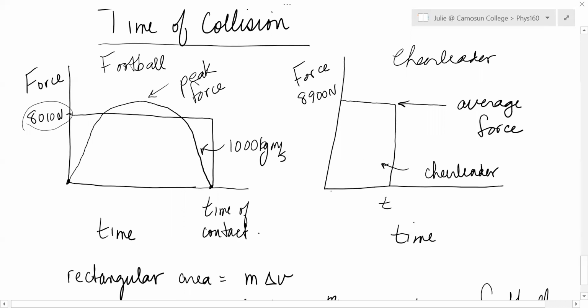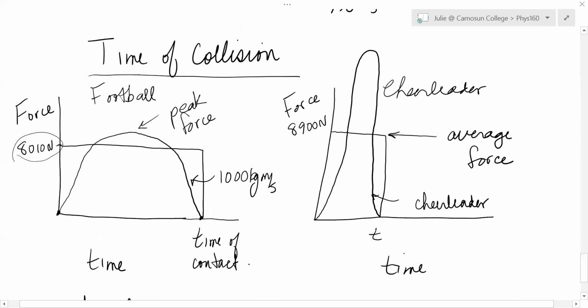Here, however, when it's a very quick and impulsive force, what tends to happen, because the areas have to be the same, is this one goes like this, it goes way up here like this and down. In order to get the area of that curvy one equal to the area of the rectangle, it has to go way higher.